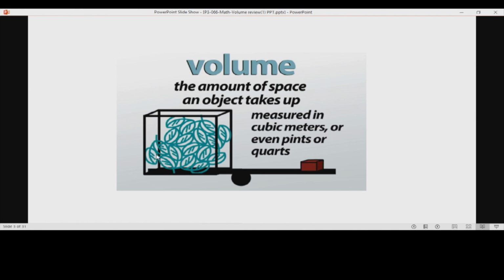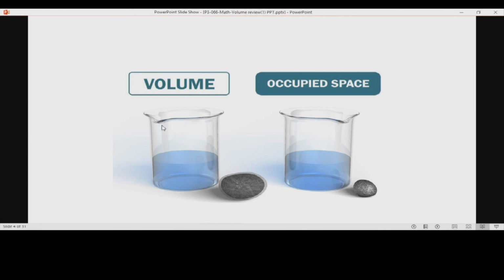Now you can see inside this box here there are many leaves. And when we count up the amount of leaves inside the box, that will be the volume. You see, the volume is the same as occupied space.